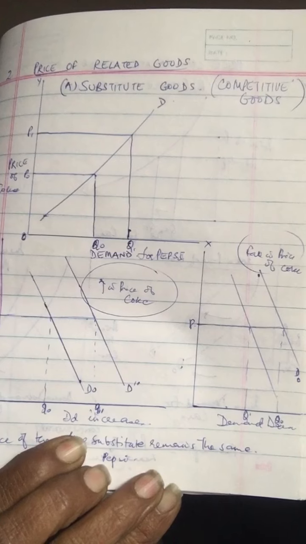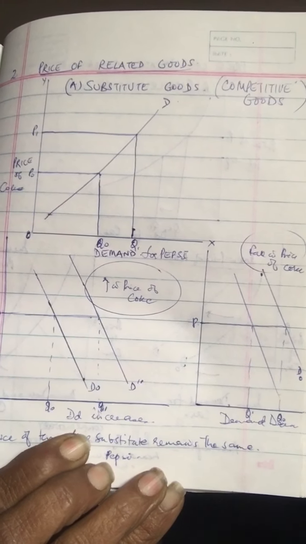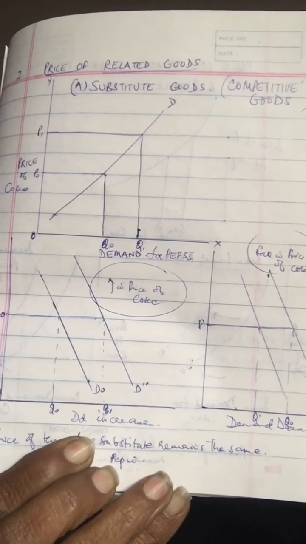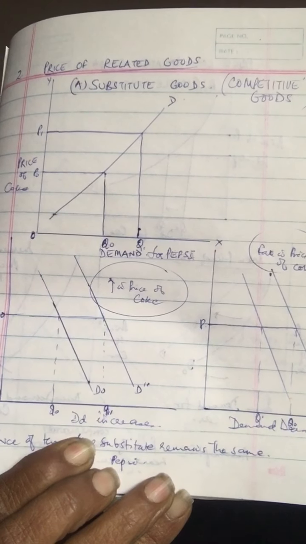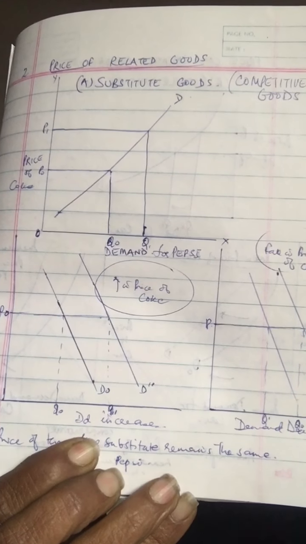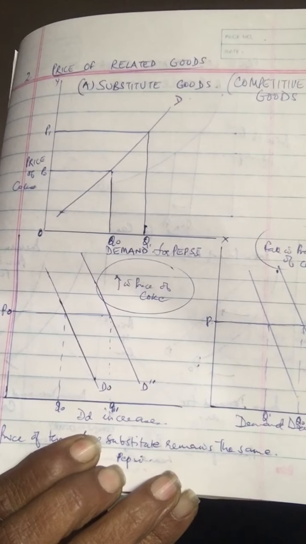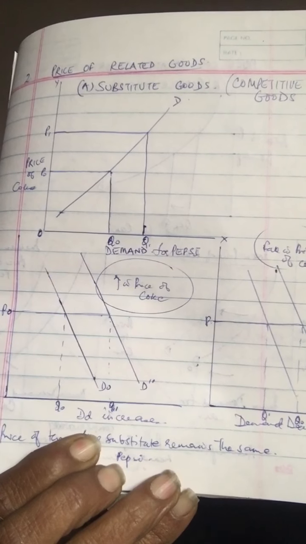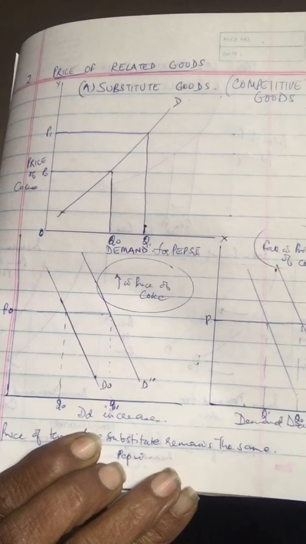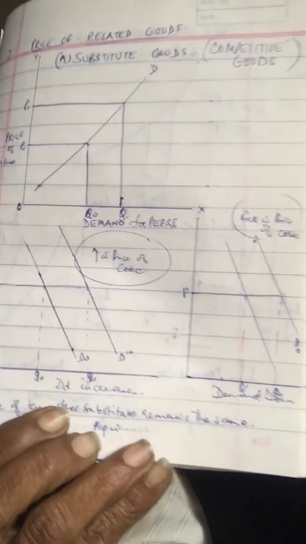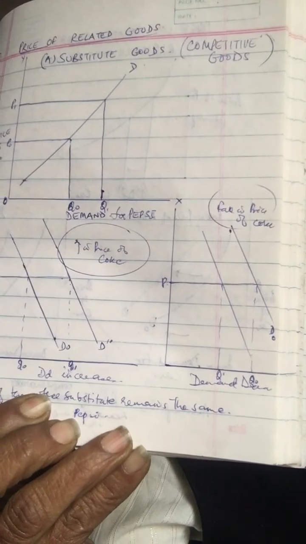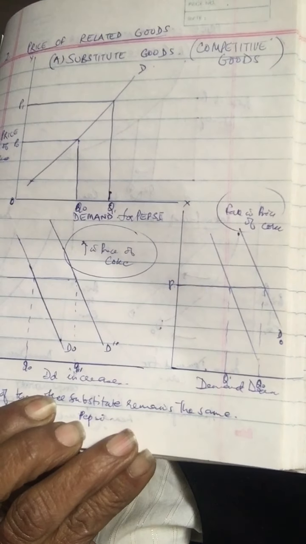Now suppose if the price of Coke rises, say from P0 to P1, then the demand for Pepsi will increase from OQ0 to OQ1. That can be seen as the expansion, as a cross demand.